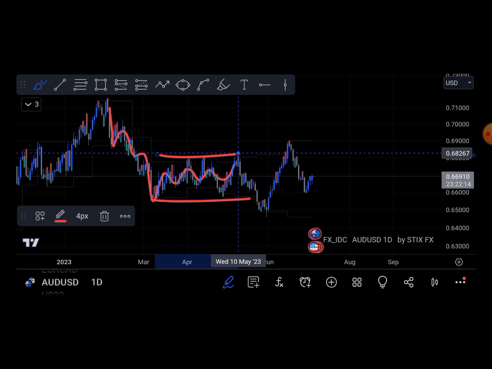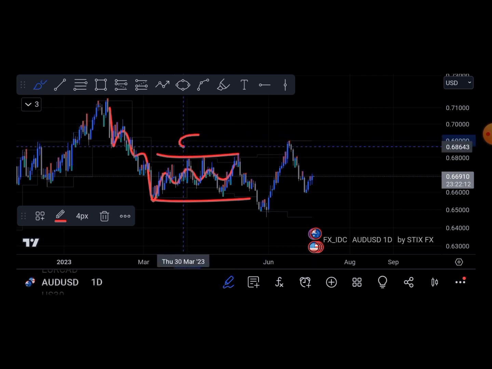That is why you see that bullish break over there. The price was generating liquidity for like 2 months above that range.